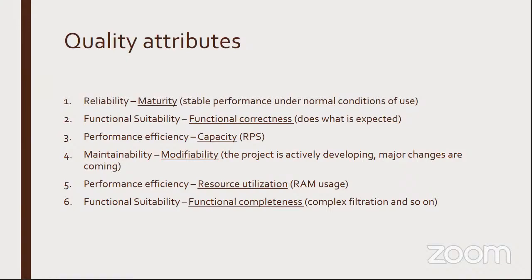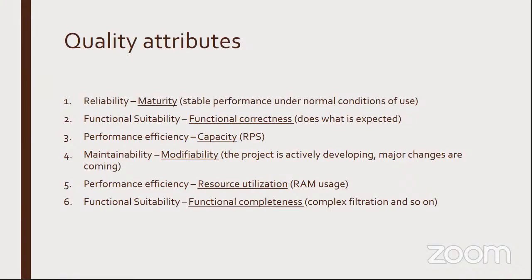I saw an interesting comparison that Reindexer can operate on a Raspberry Pi with 300 requests per second, and Elasticsearch can do the same on a server. So it's the same performance, but the price, of course, is different.